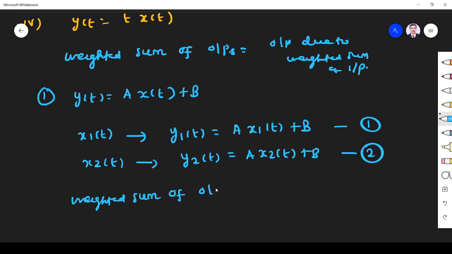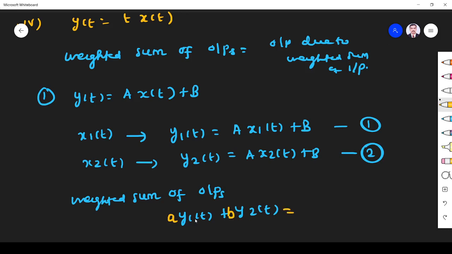The outputs I have are y1 of t and y2 of t. What is the weighted sum of output? I have to scale the outputs, that is, multiply y1 by a and y2 by b. Weight means you multiply by the scaling factor. This output is weighted by a, and this output is weighted by b.